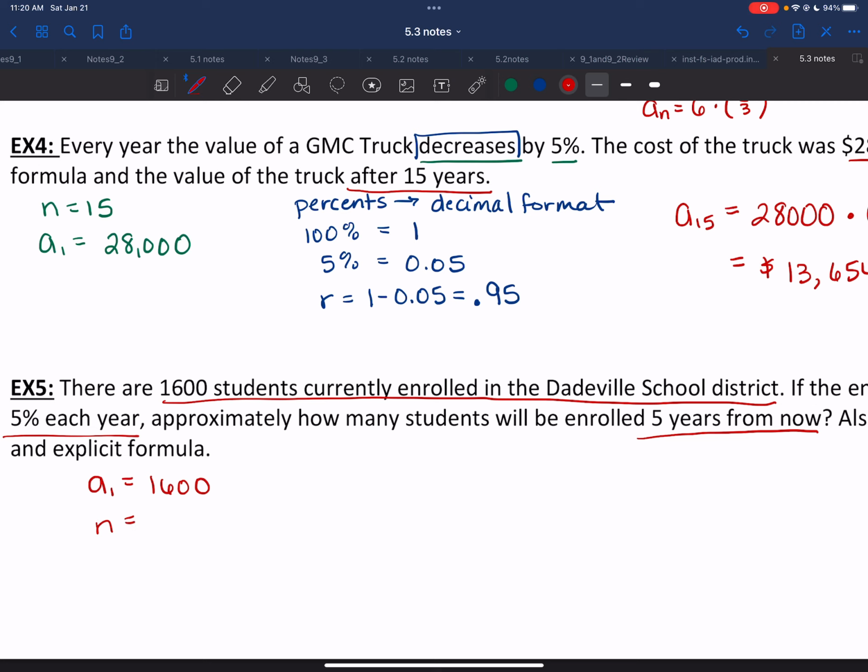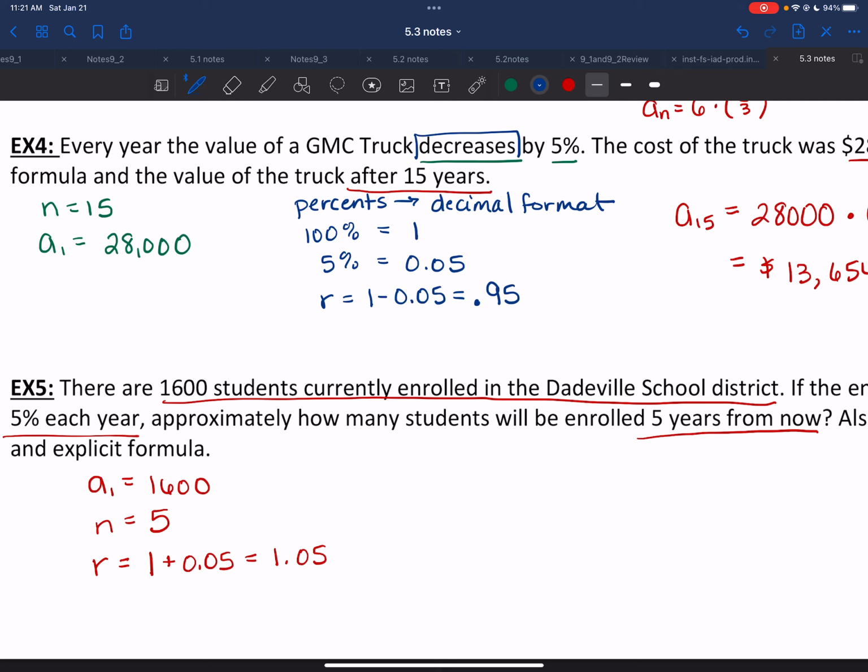So my N is going to be 5 years, and I'm going to see an increase in my population by 5%. So again, my ratio is going to be that 1, which was 100%, what I already have, and then I'm going to increase it by 0.05. That's my 5% in decimal form. So that's going to give me 1.05. So that is my common ratio.